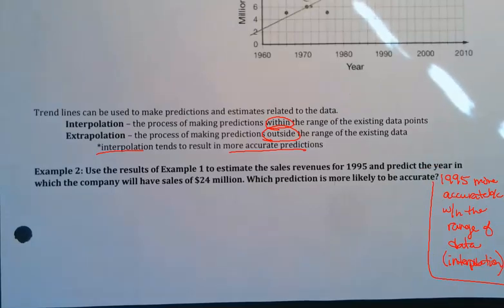So now we need to actually do our estimates. It says use the results of example 1 though. What was your result of example 1? Well, yours is different. True. In your homework, it would be ideal to have a fraction here instead of this repeating decimal, but okay, it's fine.